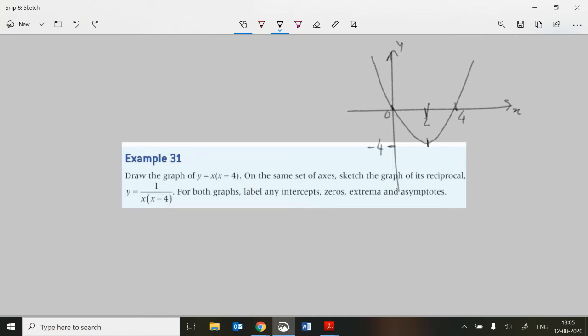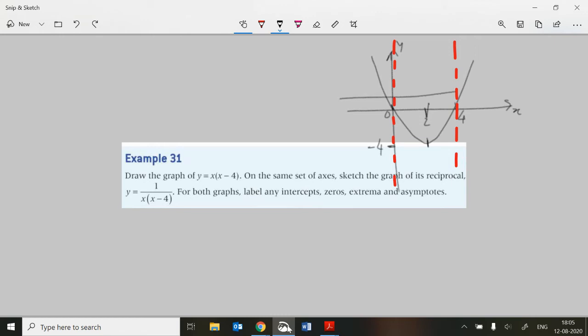Since we can't divide by 0, I'm going to put an asymptote here, and we'll put an asymptote here as well. I'm not allowed to divide by 0. So by doing 1 divided by 0, and 0 comes about by me putting in 0 or 4, I get non-defined answers.